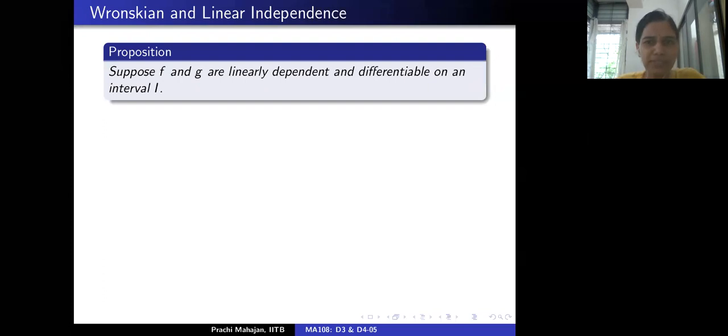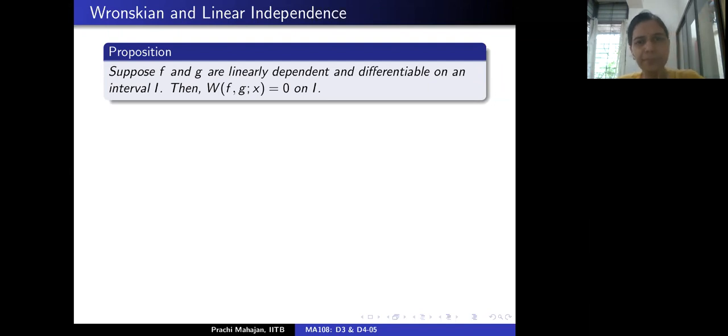Let's see this proposition. Suppose I have two functions f and g which are differentiable as well as linearly independent on an interval I. Then the Wronskian should vanish identically on the interval I. Let's see the proof.